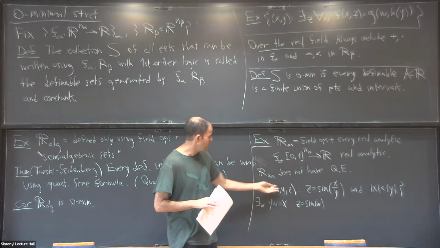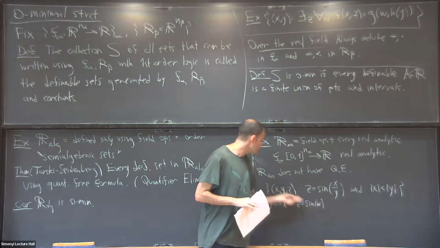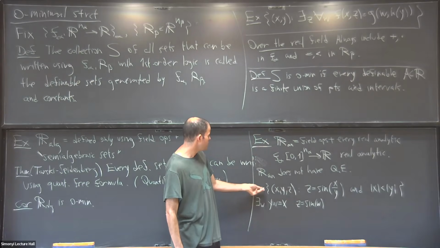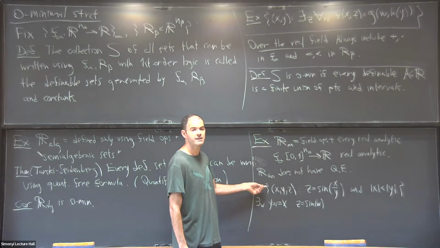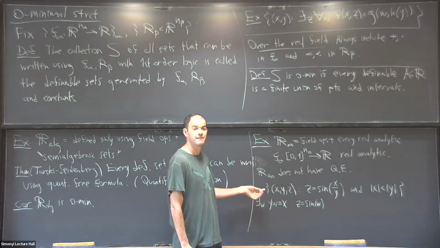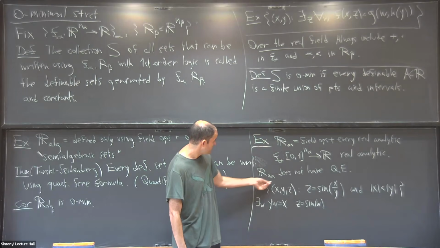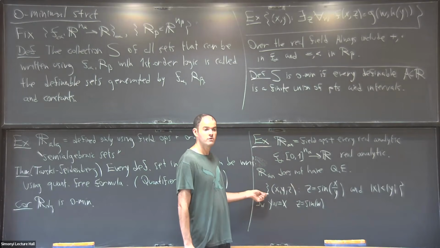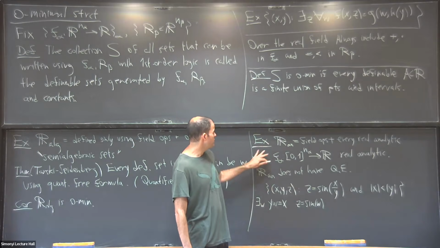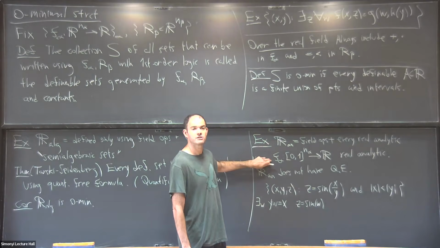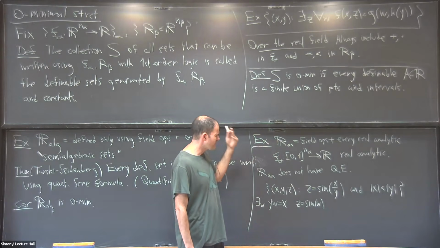Anyway, you can check that this is actually not going to be definable by a quantifier-free formula. If you look at this surface in R^3, it is not going to be definable using just this language that I gave here. The idea is you can analytically continue.